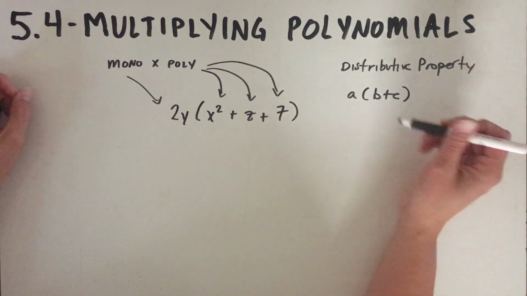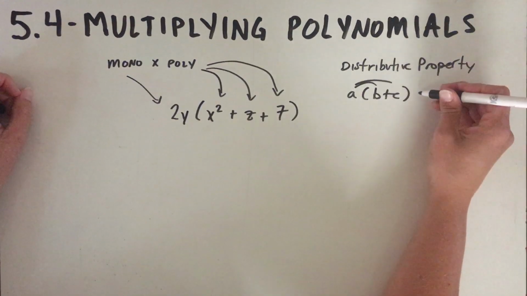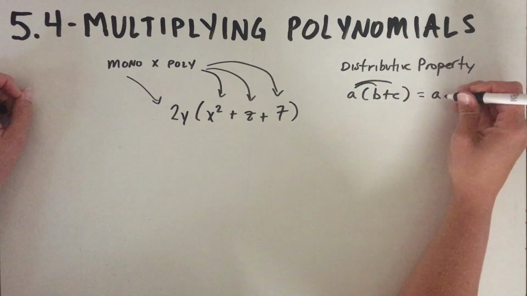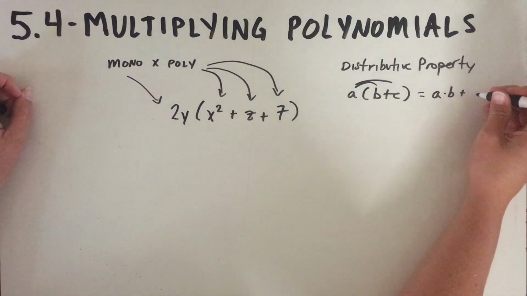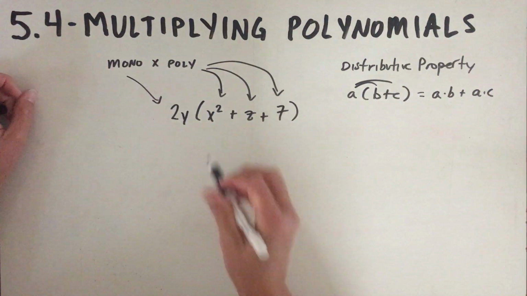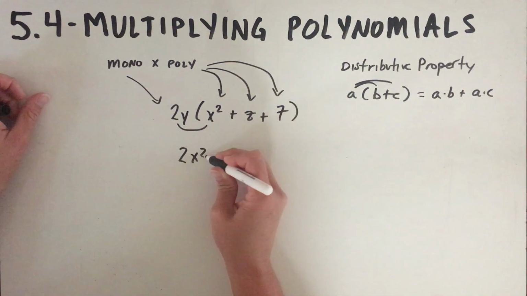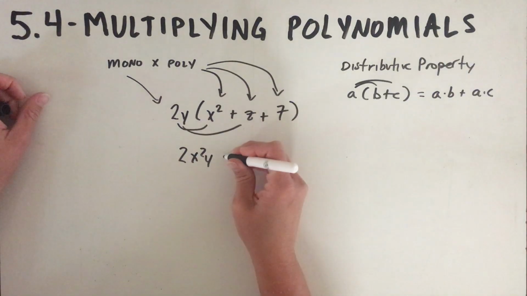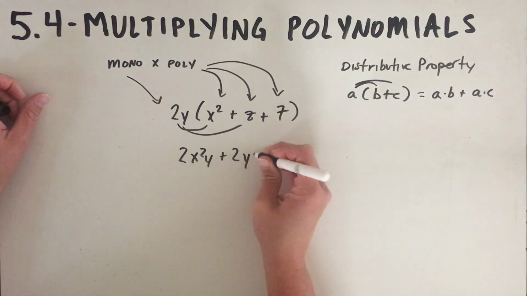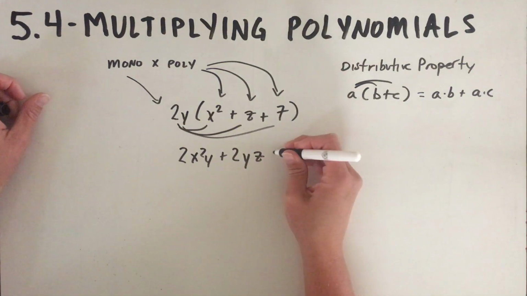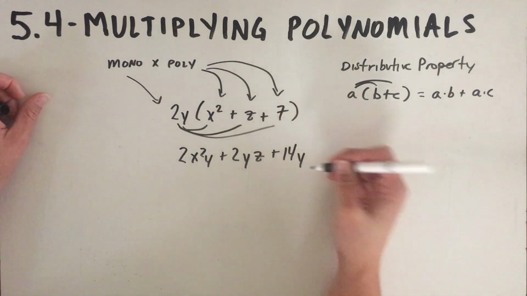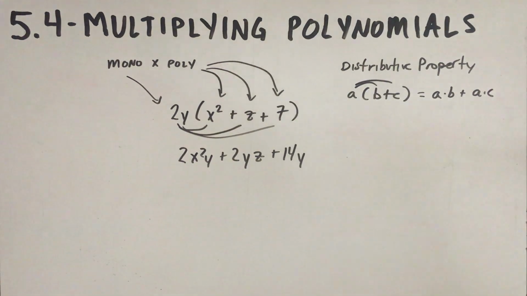So the only thing I can do here is multiply. So we would get a times b plus a times c. So here, when I multiply, I get a 2x squared y plus a 2yz plus a 14y.